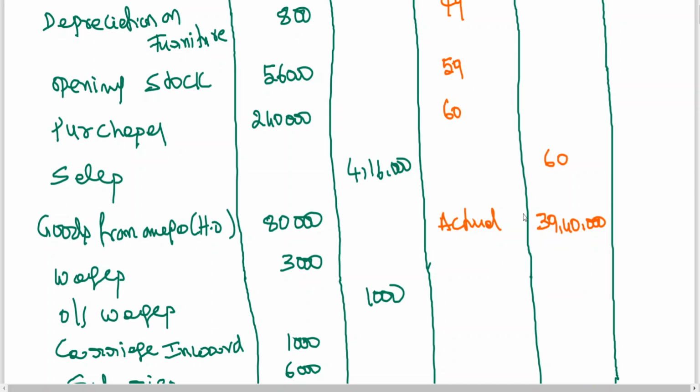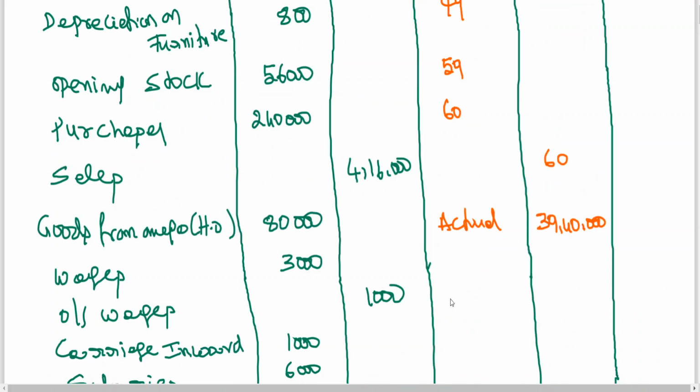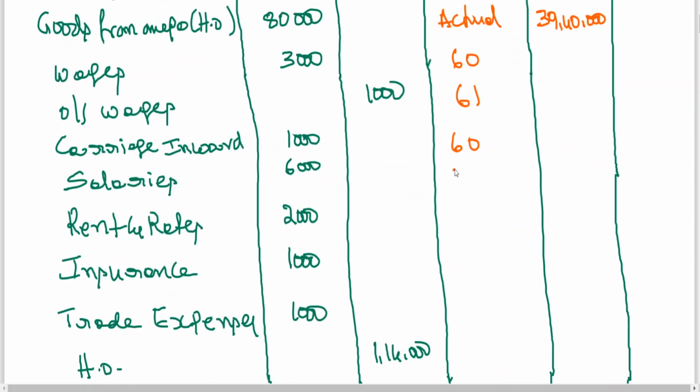Then wages, I told you wages average. What is average rate? 60 rupees. Outstanding wages, I told you closing rate 61. Carriage inward 60. Salary 60. Rent and rates 60. Insurance 60. Trade expenses 60.